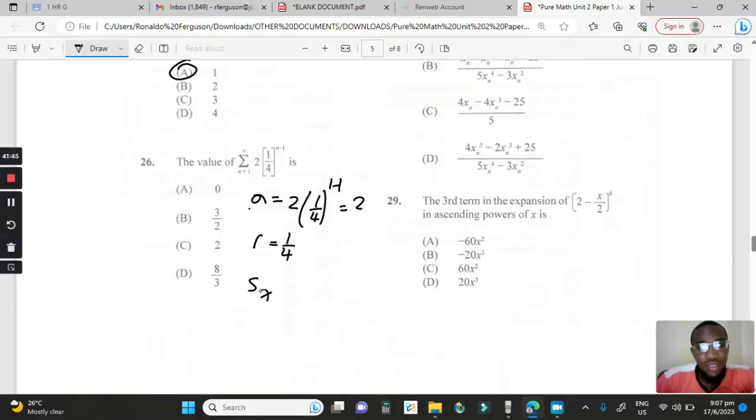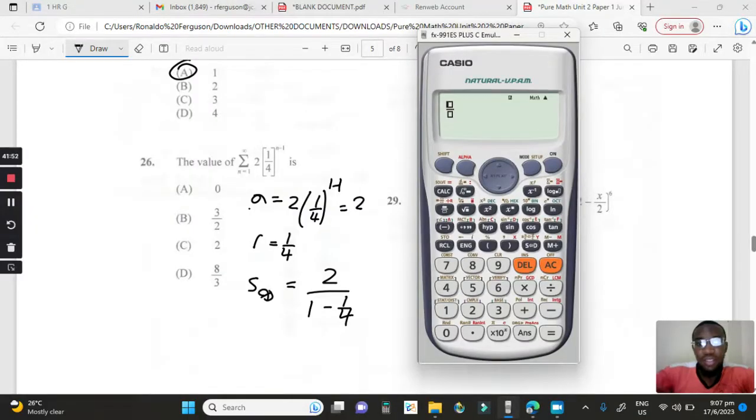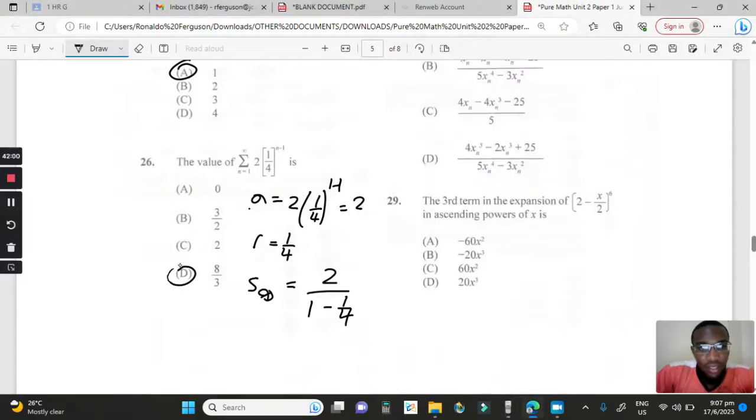So now the sum to infinity is a over 1 minus r. Now put that straight into the calculator. 2 over 1 minus a quarter. That's 8 over 3. Now I'm going to plug in the computer.